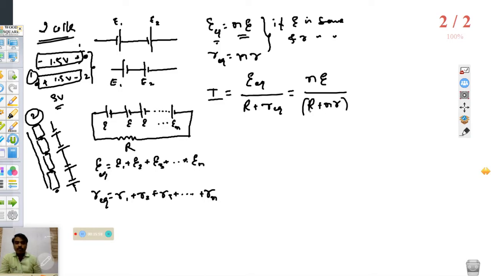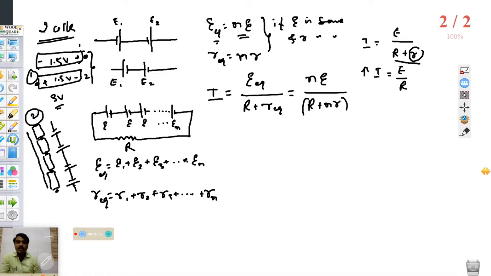Okay, so of course here it is about the combination of resistors, but sometimes we write the general equation I equals E divided by capital R plus small r. Imagine the cell which is considered has zero or negligible internal resistance, then the I value we can write as E divided by capital R only. So the current value will increase because the total effective resistance will decrease, hence the current will increase.